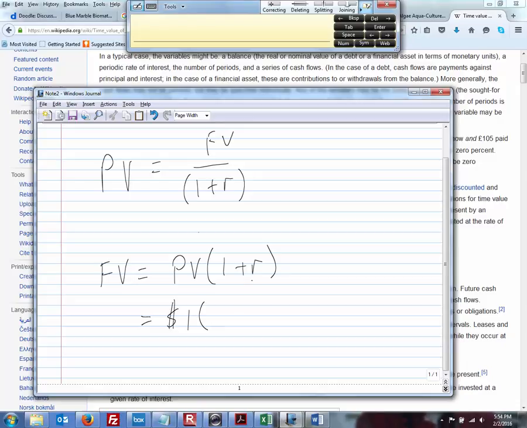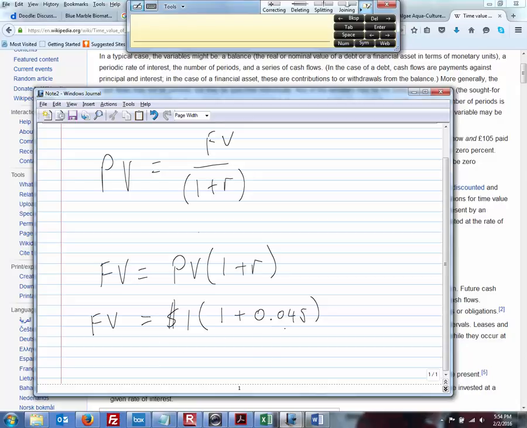And the r is the interest rate, or the discount rate, or the percentage rate. So if the rate is, let's just say, 4.5%, so 1 plus 0.045, that's 4.5%.